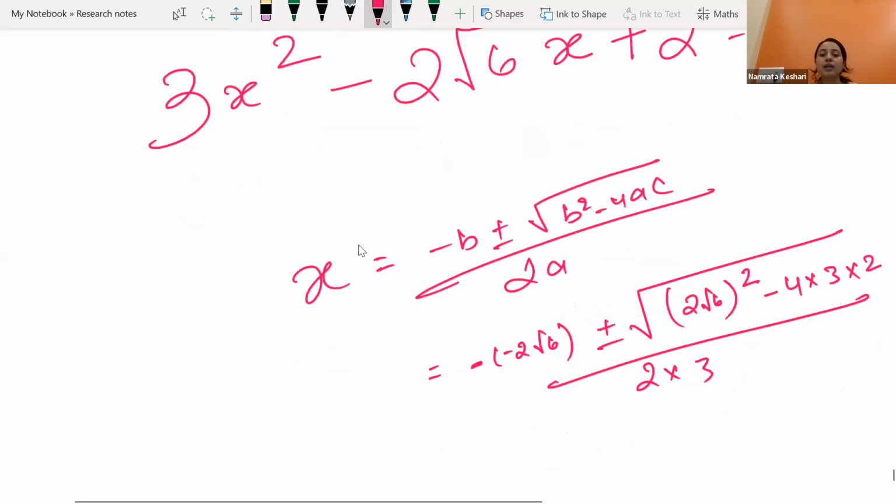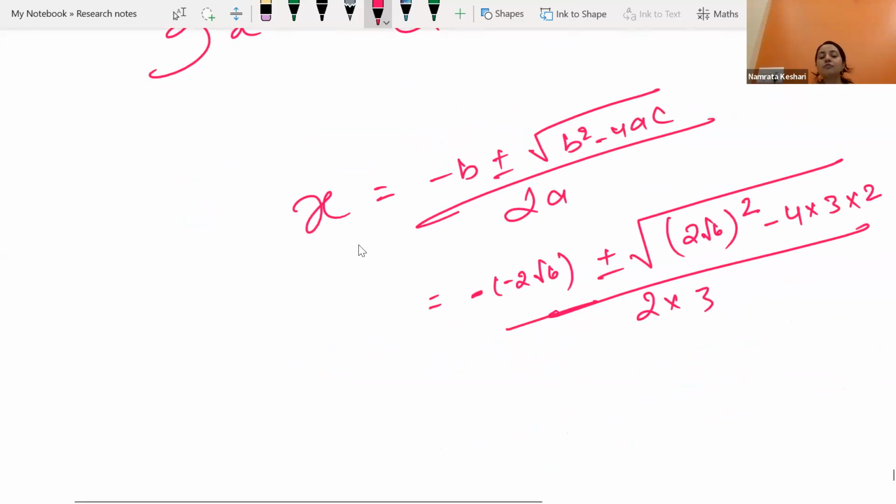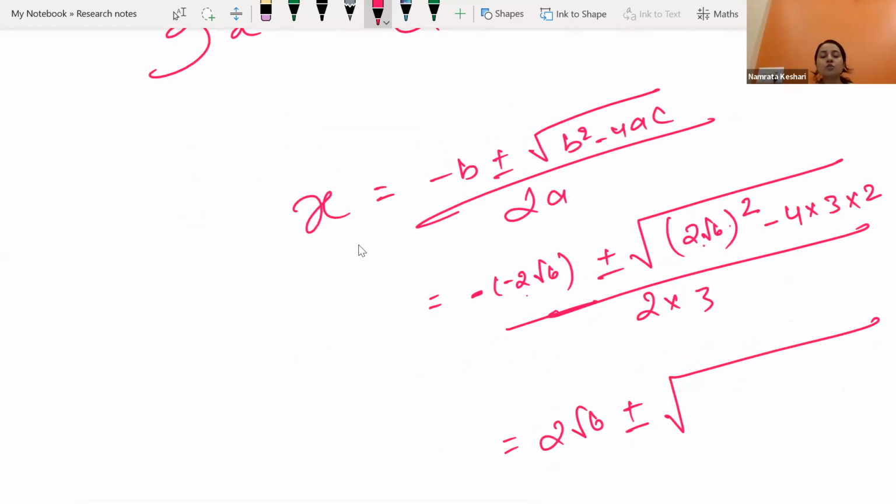Okay, this is what we are getting. Let's proceed. If you do just minus of minus, this will have just 2 root 6 plus minus under root 2 root 6 whole square. What will 2 root 6 whole square be? Anyone?